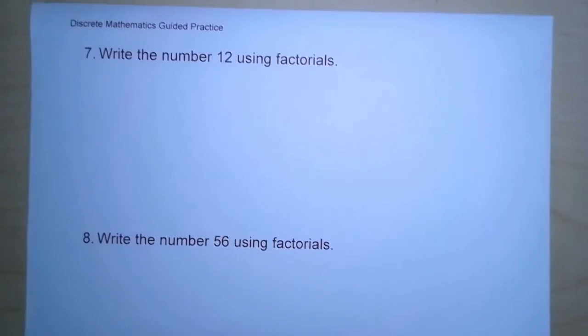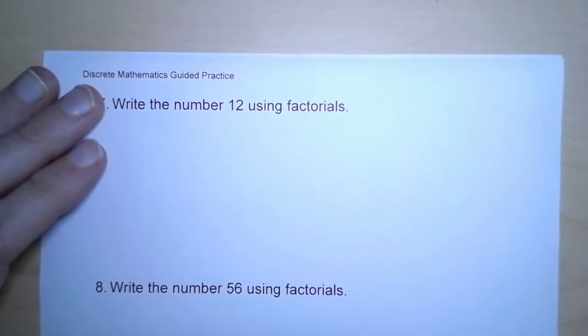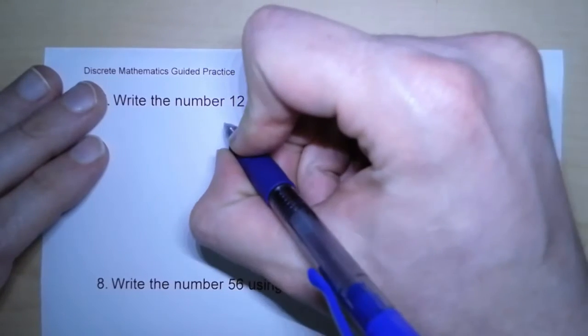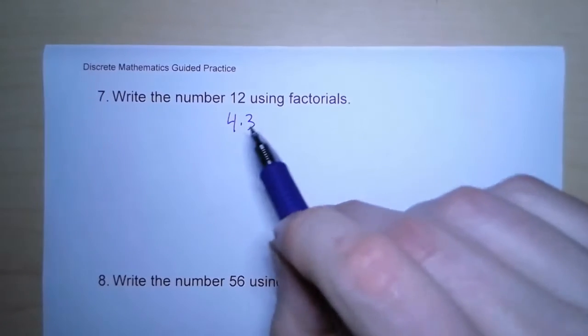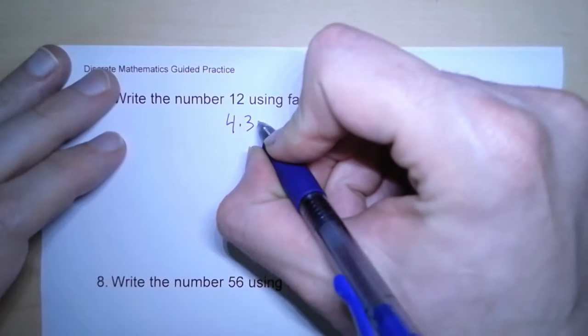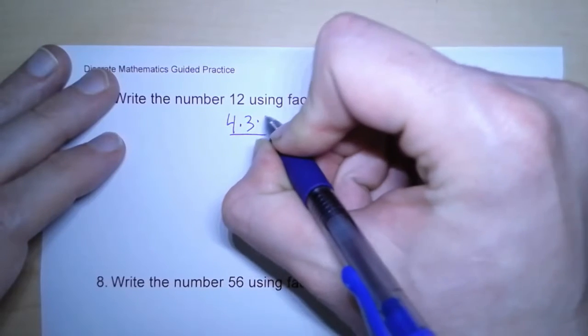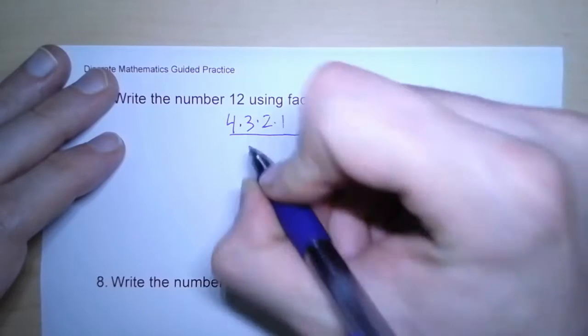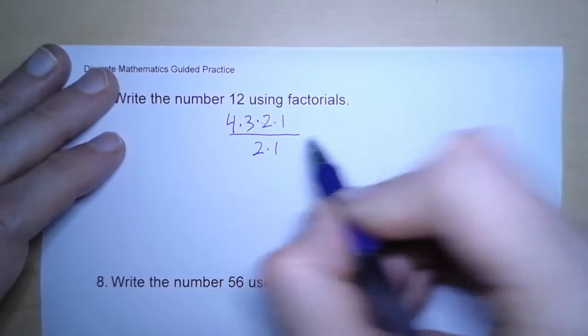Now, with number 7, here we want to write this using factorials. Now 12 is the same as 4 times 3. And looking back the way we've been using factorials, we could put this as 4 times 3 times 2 times 1 with a 2 times 1 on the bottom, and the 2's cancel out.